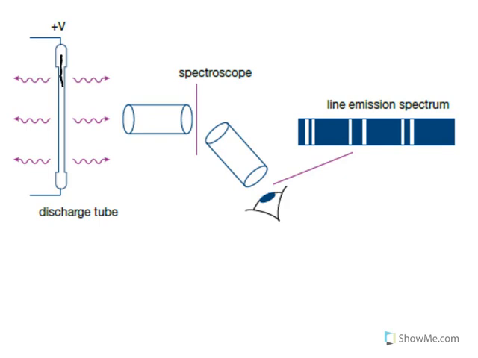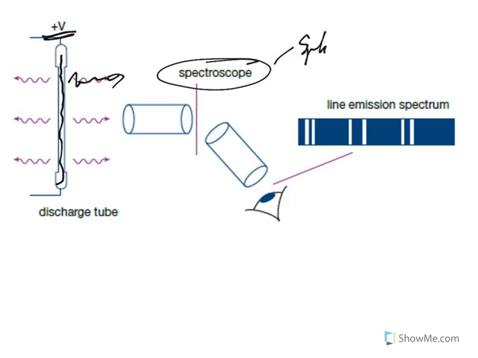We'll have some gas in there, and inside this tube it might be sodium gas or something like that. We'll then put a high voltage through that tube. That high voltage will make electrons jump up levels and then jump back down, and when they jump back down, you get these photons. So we put it through a thing called a spectroscope. All a spectroscope does is split the light into colours.